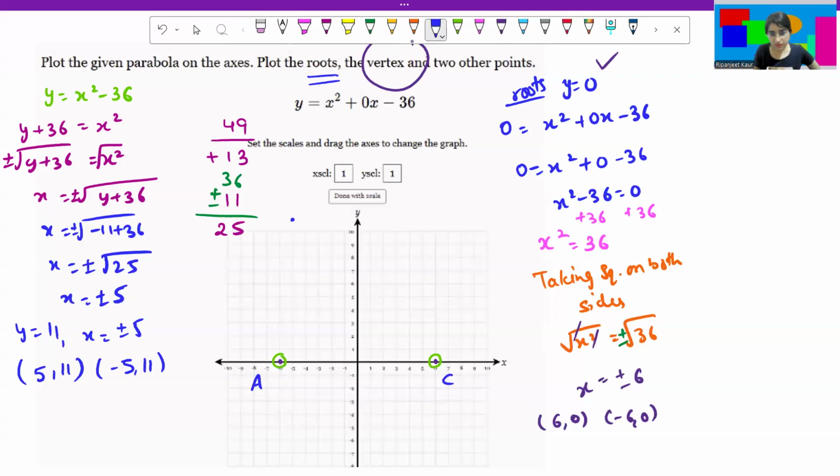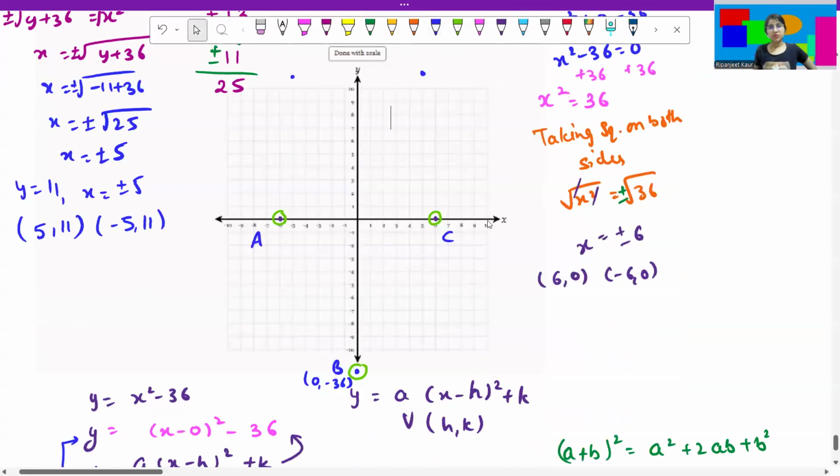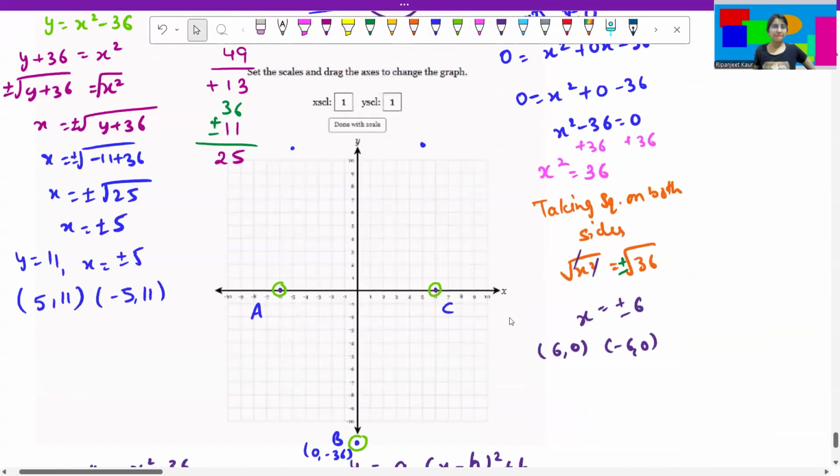These are the two numbers that have come out. Okay, it shouldn't be this small. It should be bigger than the A and C values because our graph will be coming this way.